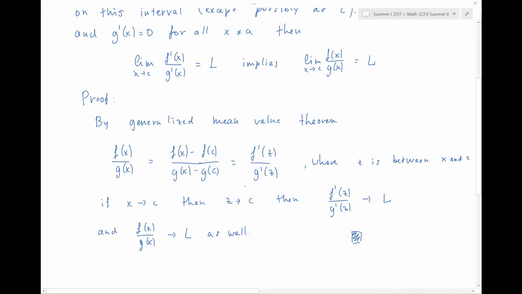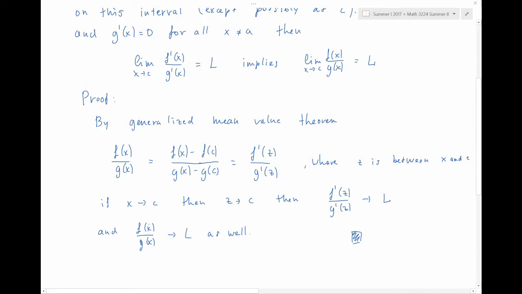So that's why the implication is only one way. We really need the fact that f prime over g prime converges to L. Then we can make the conclusion that for whatever way z may try to converge to c, we will always get this limit L. If we don't have this fact, we can't conclude that the ratio of f of x over g of x will converge to it as well.